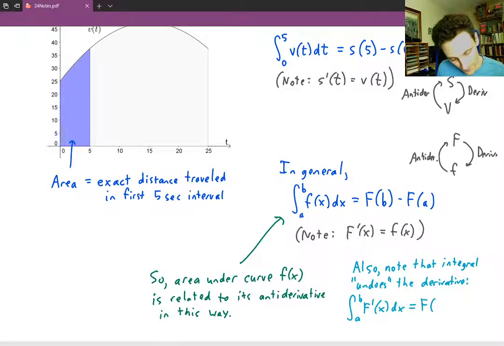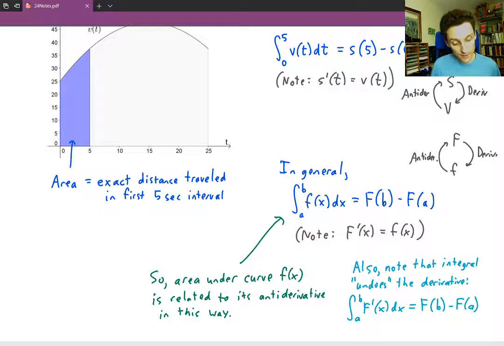Notice here, just look at big F here, take its derivative, and then apply the integral, and the integral will undo, in a sense, what the derivative just did, getting you back to the original function, the big F that you started with. So if you take big F, take its derivative, then do a definite integral, you get back to big F, or at least you get back to using big F in this expression here. So in a way, it's undoing the derivative.